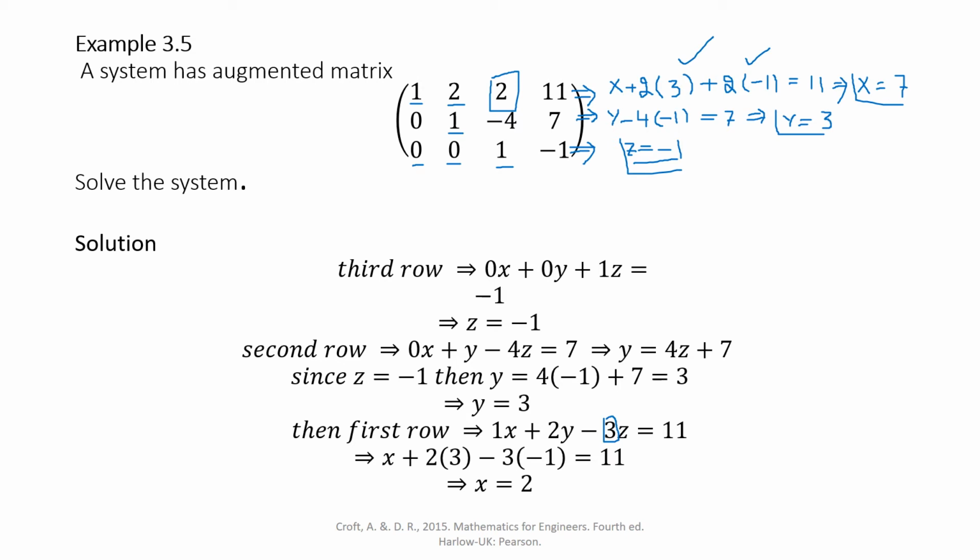First row, let me see the book. Yes, so the mistake is here. This is -3. This is -3. Okay, so I'm going to correct it now.